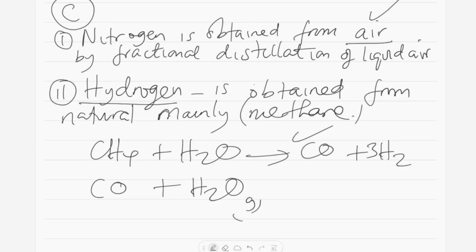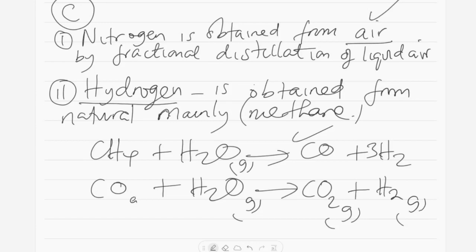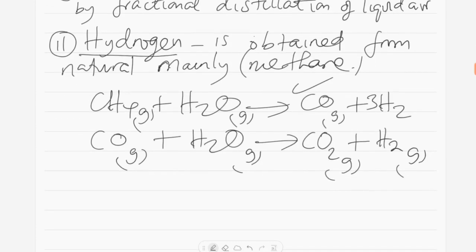Remember, steam is just water, producing carbon dioxide gas plus H2 gas. So this is how hydrogen is obtained from methane by steam reforming.